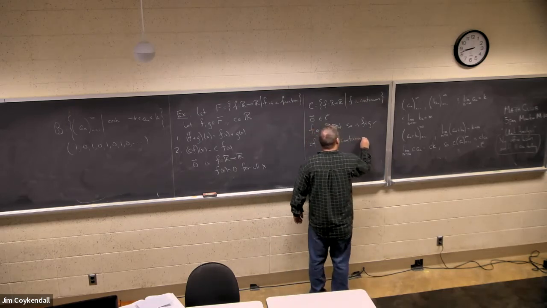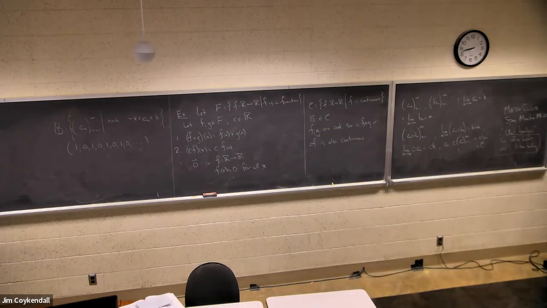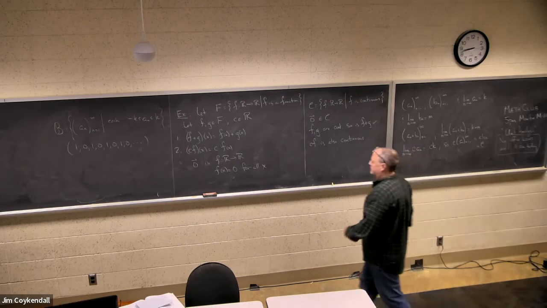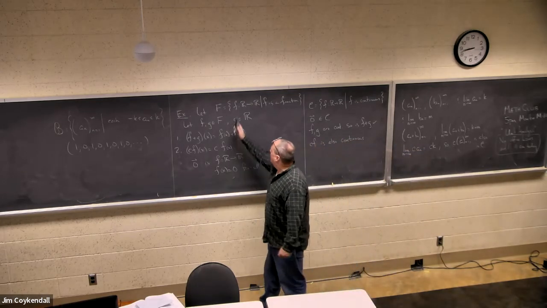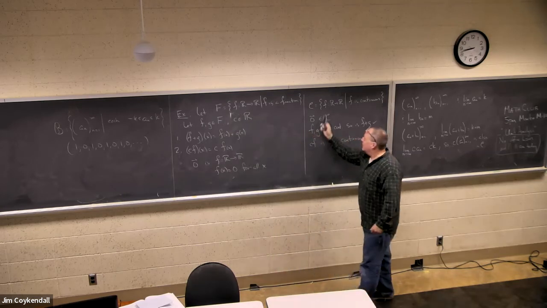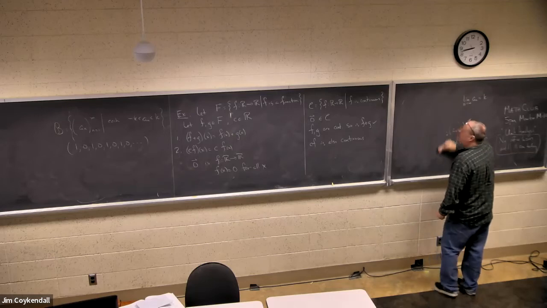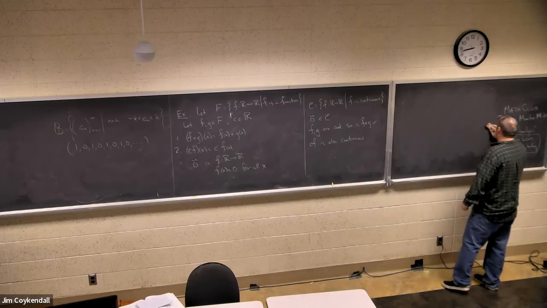Now, they don't tell you this in calculus, but one of the reasons that continuous functions are important is they form a vector space. Still very big. So this is the subspace, the big one in my example. Can anybody think of a subspace of the continuous functions that you might have seen in calculus?